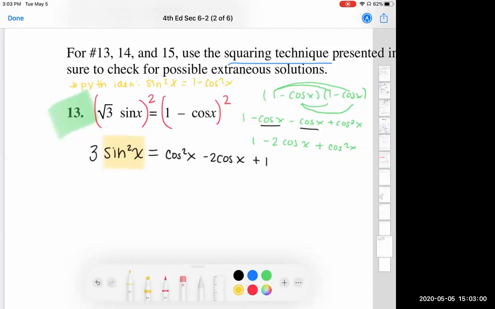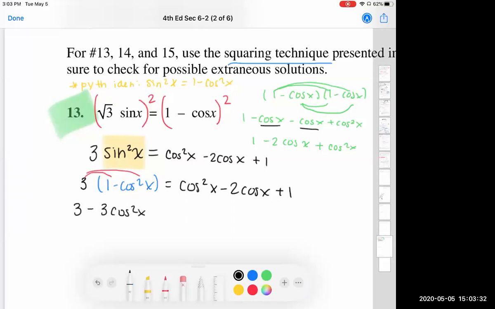So let's replace it, so that I have 3 times 1 minus cosine squared of x is equal to cosine squared of x minus 2 cosine of x plus 1. All right, now I have all cosines. Cool. I'm left to distribute my 3, so that I have 3 minus 3 cosine squared of x is equal to cosine squared of x minus 2 cosine of x plus 1.